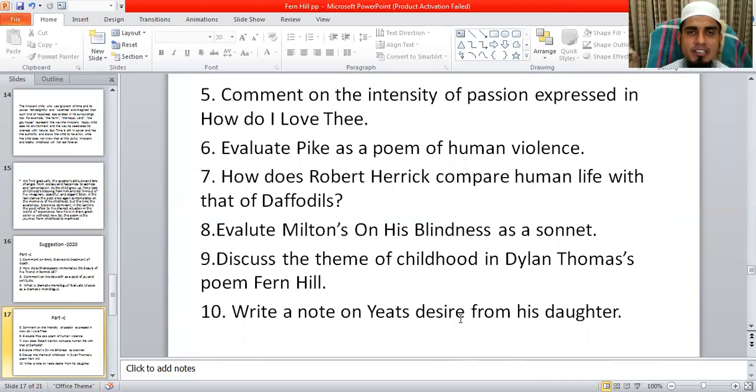What Yeats desires, what Yeats expects from his daughter, what good qualities, what virtues Yeats desires for his daughter. This is the main question. In this way, there are 10 very important questions I included here, so you can prepare based on these types of questions. It will be very helpful for your exam.